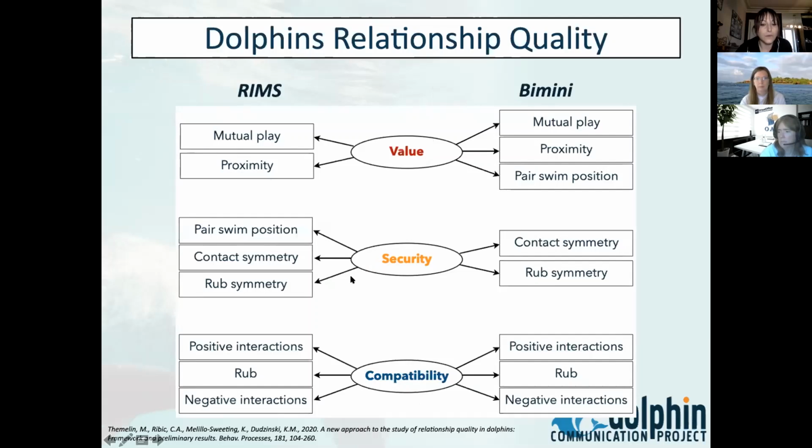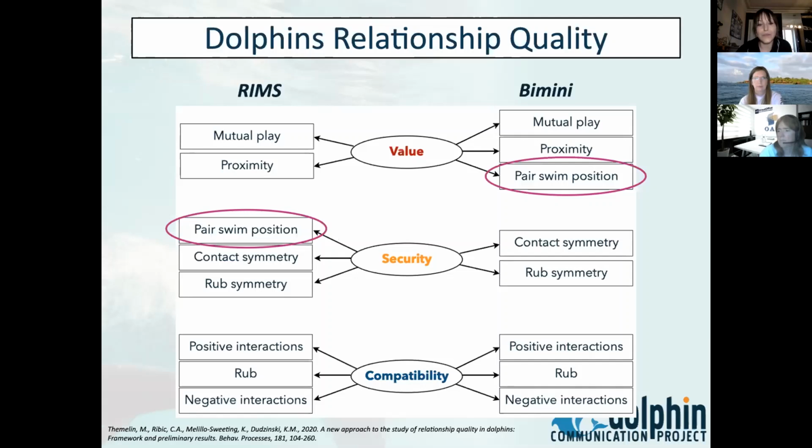And for security, the different symmetrical variables, and then for compatibility, variables that were related to tolerance and affiliation, so positive, negative interaction, and rubs. And the only difference you can see here is this one, with pair swimming ended up in security at RIMS and in value in Bimini. But we will see that a bit later.